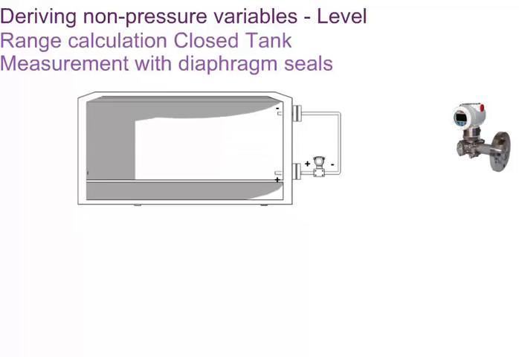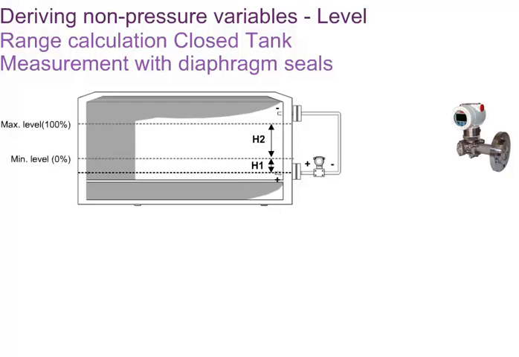To calculate the range to which the transmitter with diaphragm seals should be adjusted, different values must be known. One is the distance H1 between the lower tap, where the high pressure side of the transmitter is connected, to the assigned minimum level of the tank, where the transmitter output signal should be 0%.